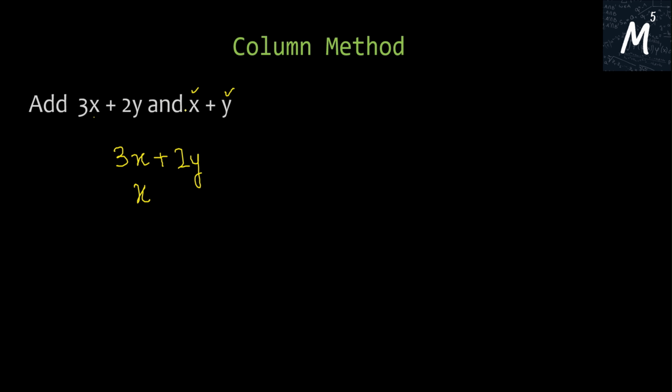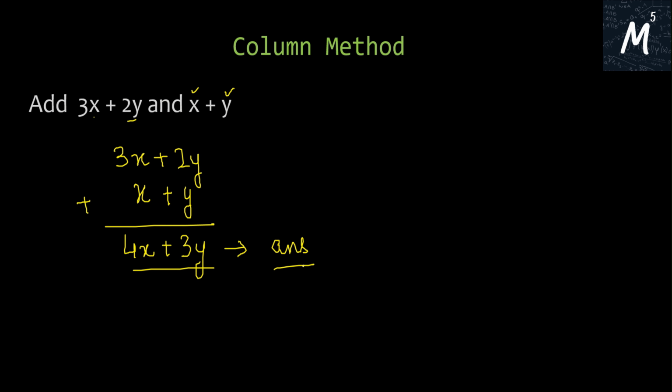Now y is a like term with 2y, so we are going to write y under 2y. Now let's add them. 3 plus 1 is 4x. Add all the like terms now. 2y plus y is 3y. When we did the question in the horizontal way, the answer was 4x plus 3y. Here also the answer is 4x plus 3y.